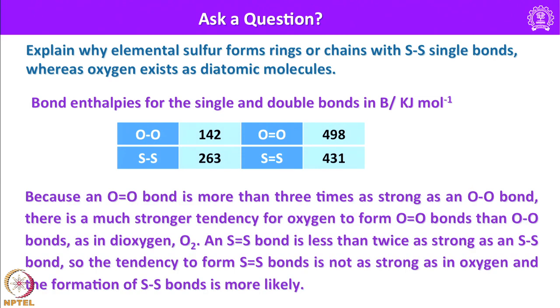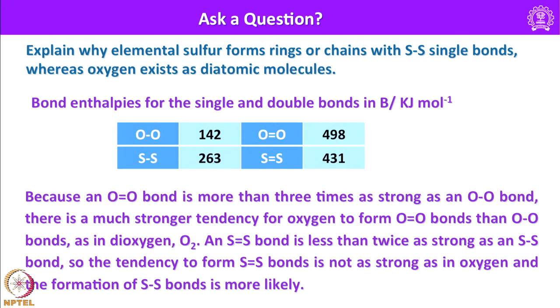So, you can see the difference, because the O=O double bond is more than 3 times as strong as an O-O single bond. Oxygen has a tendency to form O=O double bond, whereas in case of sulfur, the S-S single bond enthalpy is 263. When it makes an S=S double bond, the bond enthalpy should have been at least twice the S-S single bond enthalpy, that is, at least 526.